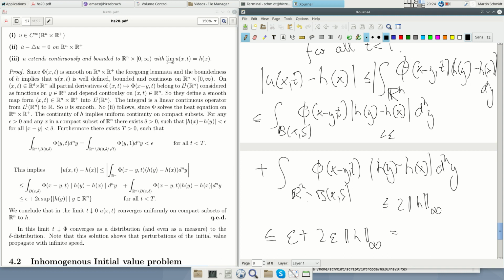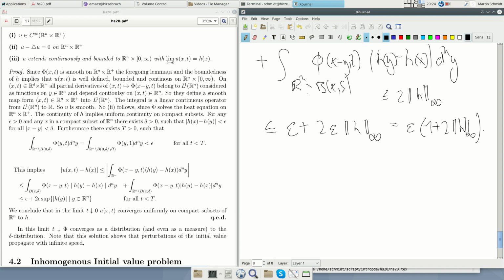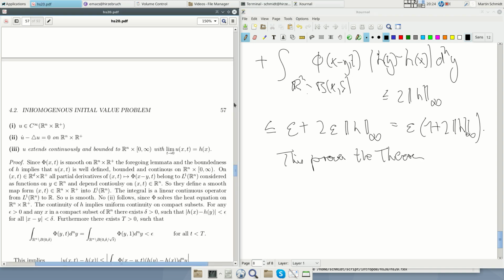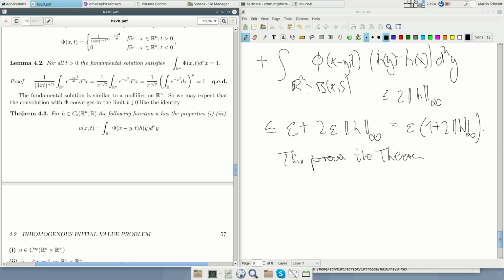So this is epsilon times 1 plus 2 times the sup norm of h. So this can be made arbitrarily small, and this proves the claim. This proves Theorem 4.3.